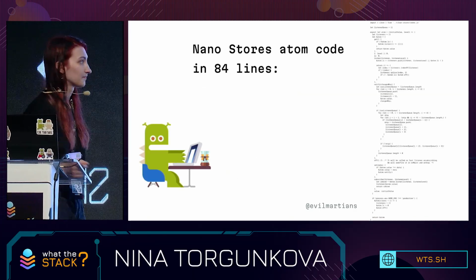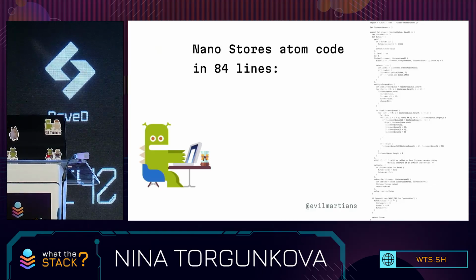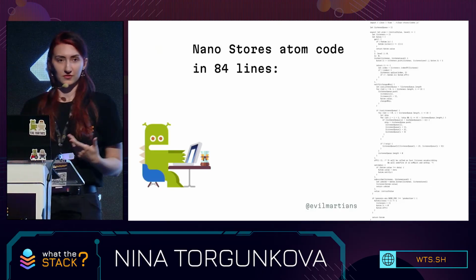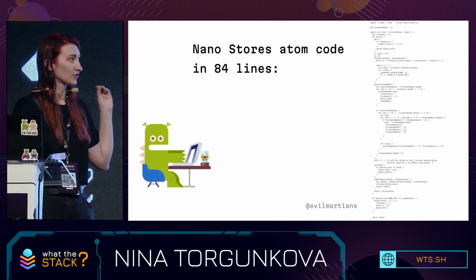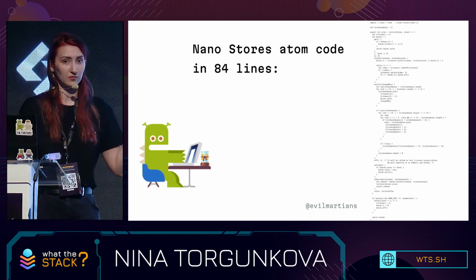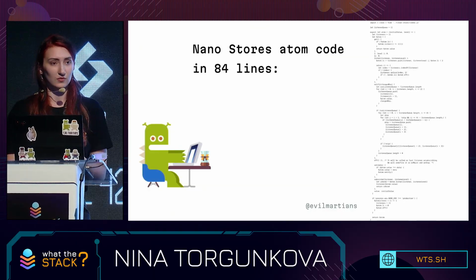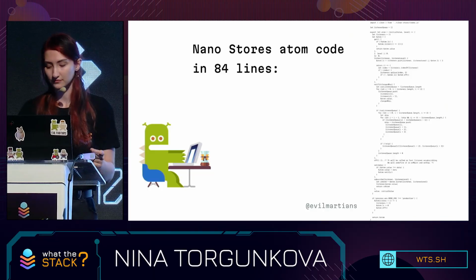One last thing. That's the whole code of NanoStore Atom store. And that's an open source tool. I believe that when you can quickly read the source code of a tool you use, it's much better. So no more obscure labyrinth or black boxes.